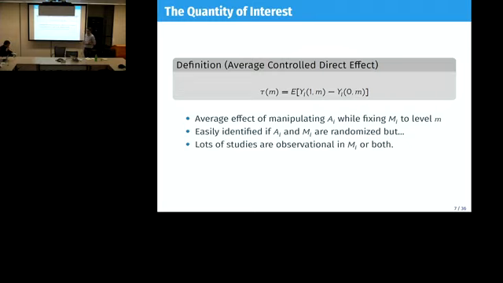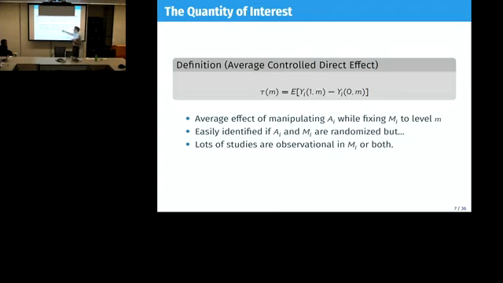But in many, many studies, even if A is randomized, some part of this is going to be observational, either A and M or at least M. So in this particular study, the positive and negative frame was randomized, but M, the level of anxiety, was not randomized. It was just observed in the data, whether people had high or low anxiety.